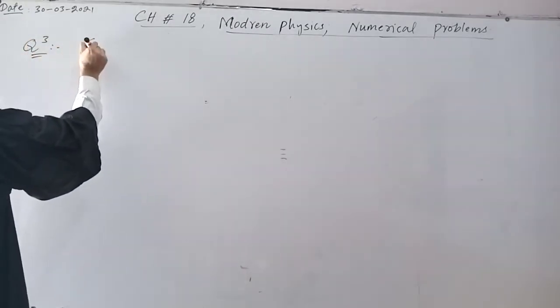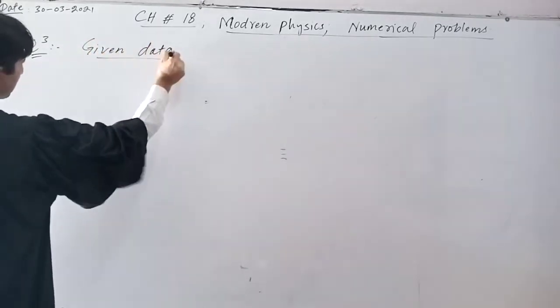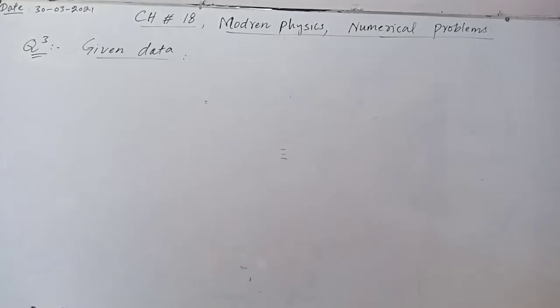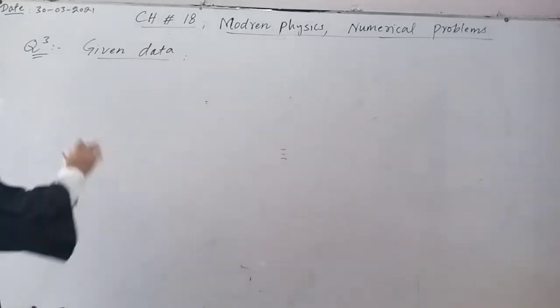Given data. What is given? An electron which has a mass 9.11 multiplied 10 power minus 31 kg. So directly write the rest mass of the electron, which is m naught.